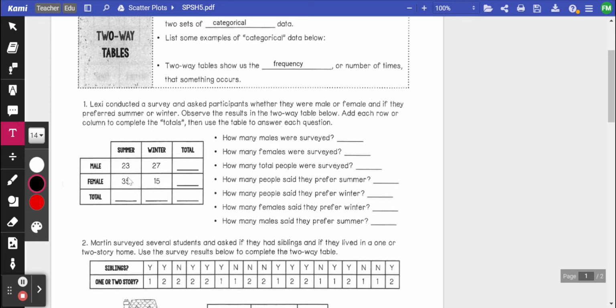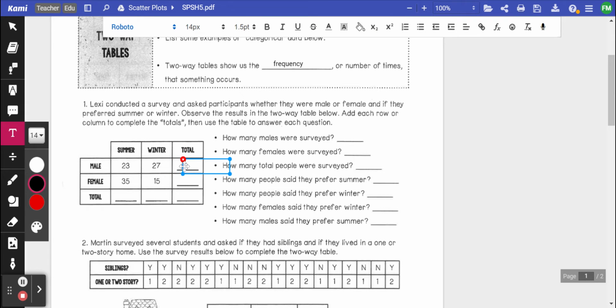If we look at this, we've got 23 plus 27, which is 50, and we have 35 plus 15, which happens to be 50. We total all those together and we get 100.